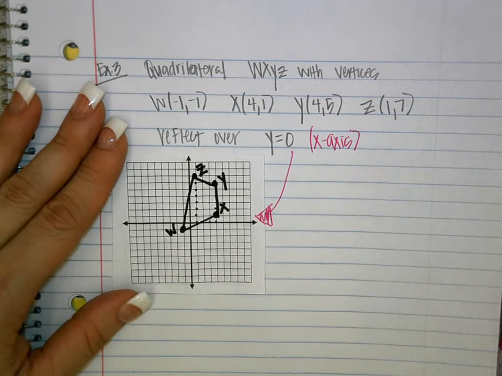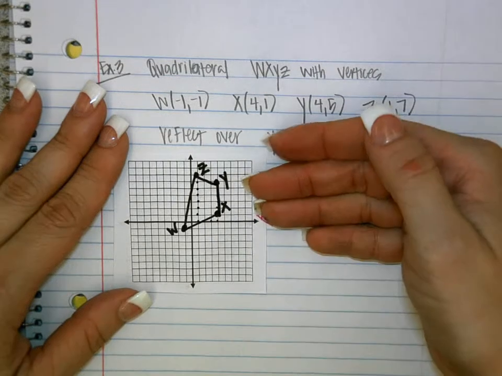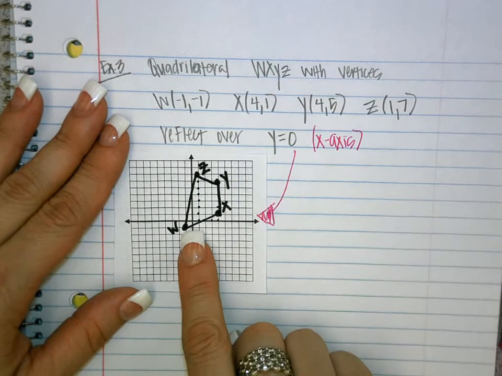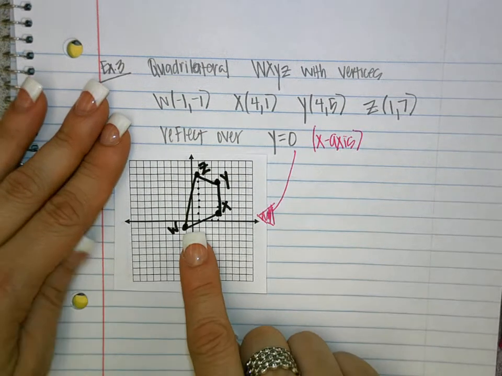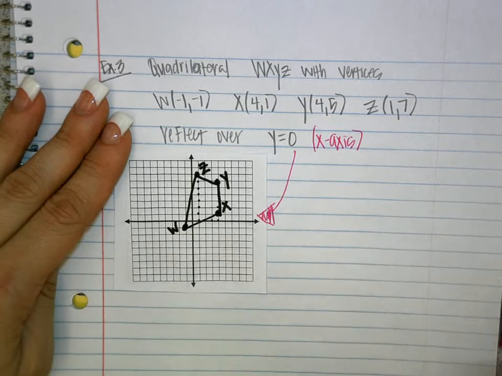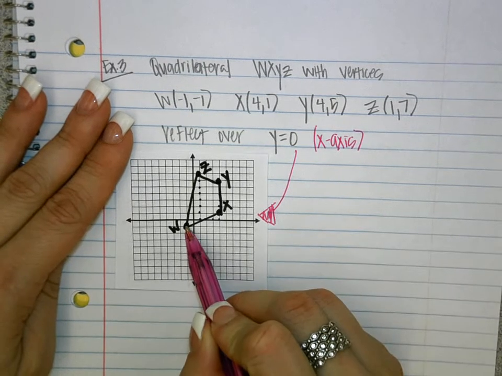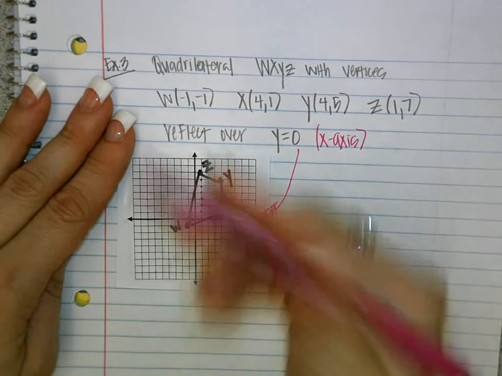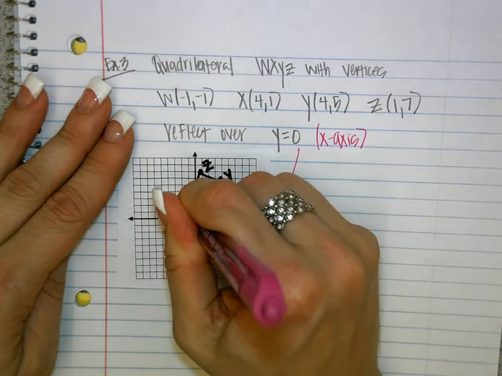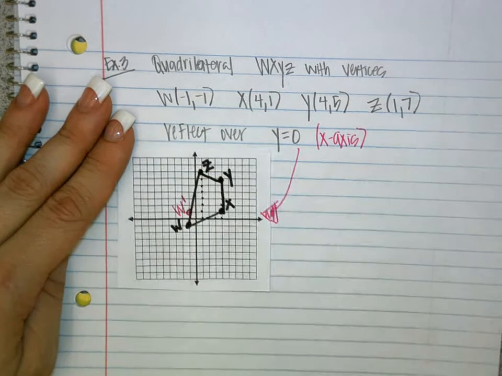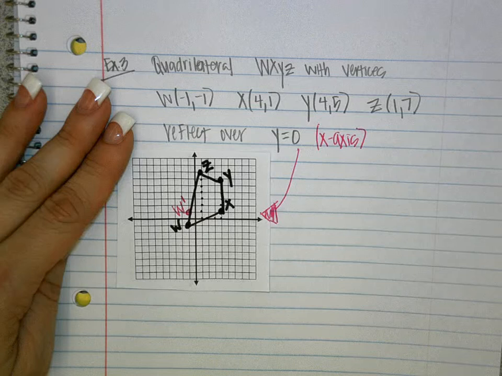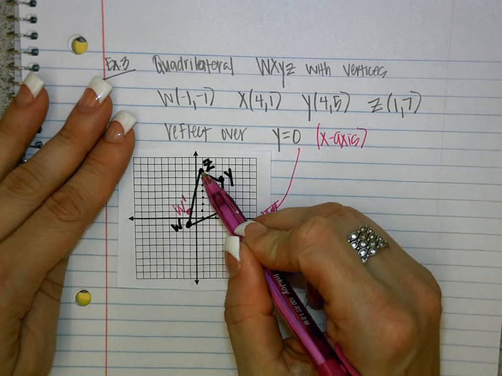Sometimes not all the points are in the positive or in the negative. So this one is currently down 1. If you flip it over, it'll be at up 1. That's your W prime. This Z is up 7.